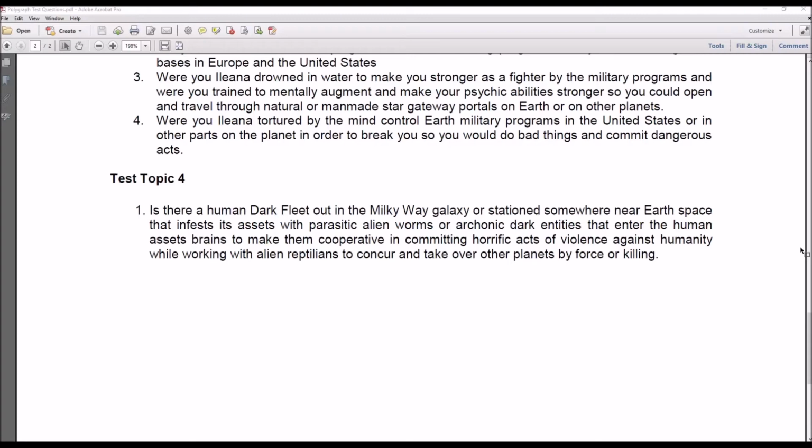Yes. And the answer why it's yes to this question is because if the human dark fleet assets are not cooperative, they don't want to do bad things, they don't want to participate in horrible missions or kill anyone, then they're infested with the parasitic alien worms, slugs, or archonic dark entities to make them do bad things and to commit horrible crimes against humanity.